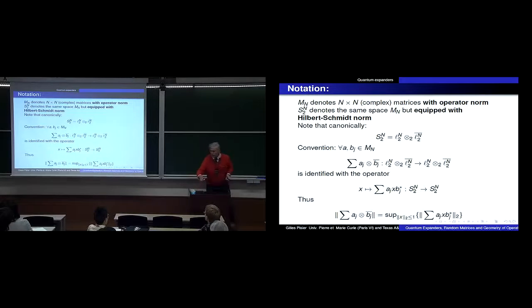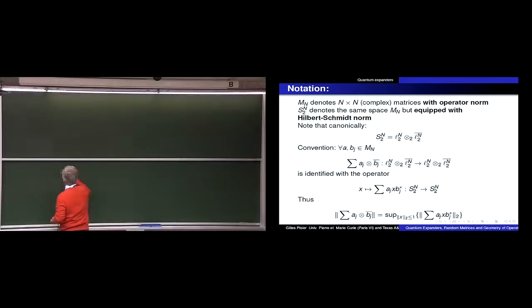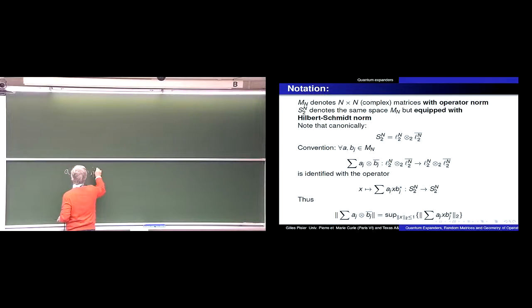The important thing maybe to write is this: if I have a matrix A_ij and then another matrix B_kl, then when I write this, this is the matrix A_ij B_kl, but this matrix now will have as the row index this pair and as column index this pair.